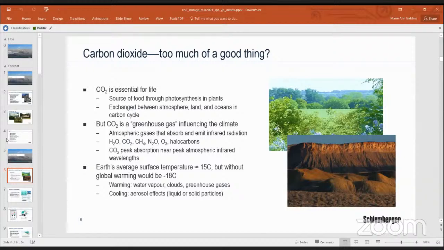In addition to the greenhouse gases, water vapour and clouds can contribute to warming, but there are also cooling effects, what they call aerosol effects, which can be caused by liquid or solid particles in the atmosphere. So in a balanced climate situation, carbon dioxide is an important thing of positive value, but as we're seeing, if you get too much of it, it can lead to trouble.